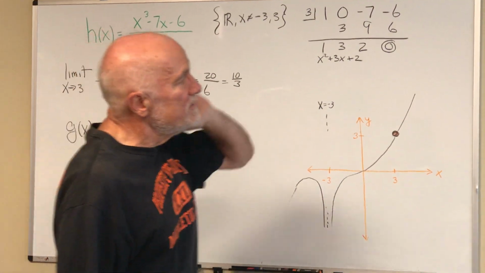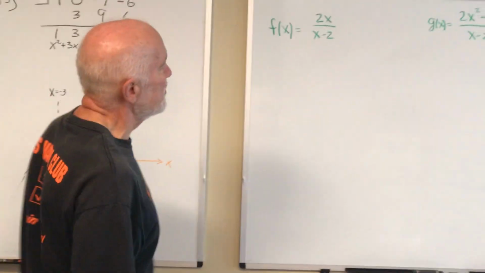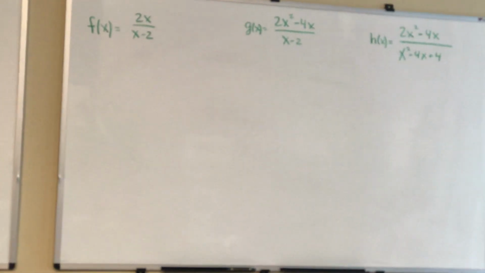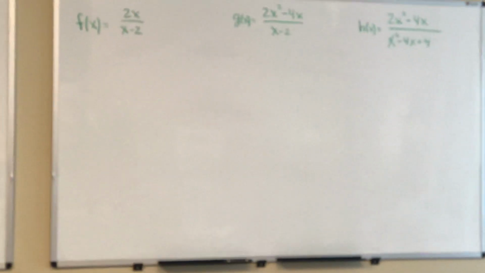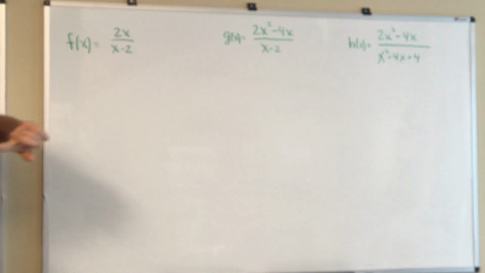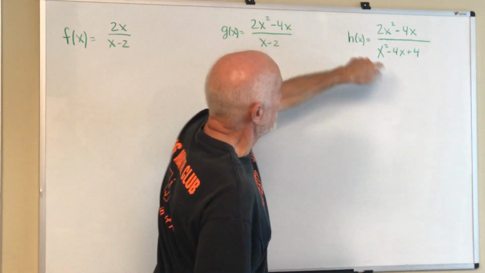Okay, so here are 3 separate functions that are all rational functions, and I wonder what's happening there. Well, I'm not going to go through in great detail because we've done problems like this. In all cases, we have polynomials here.